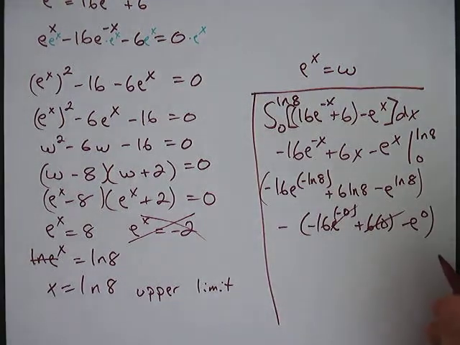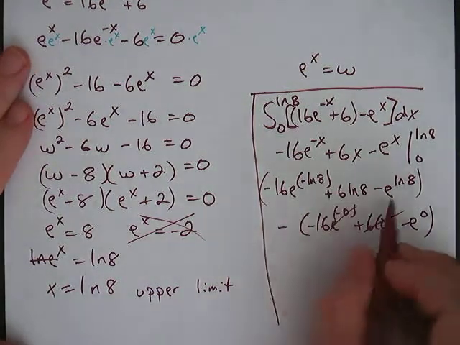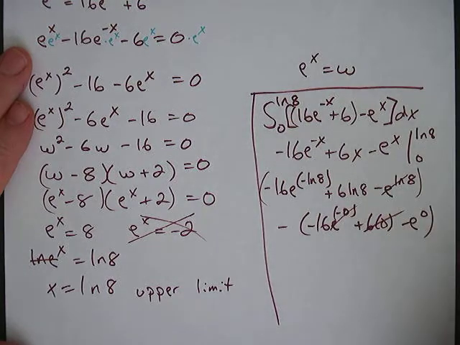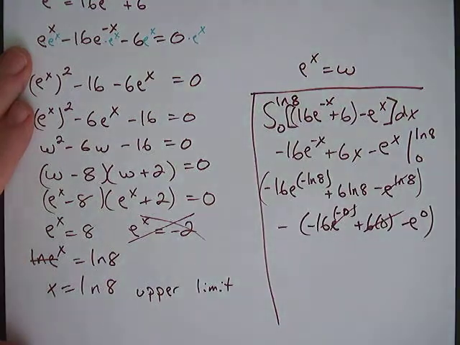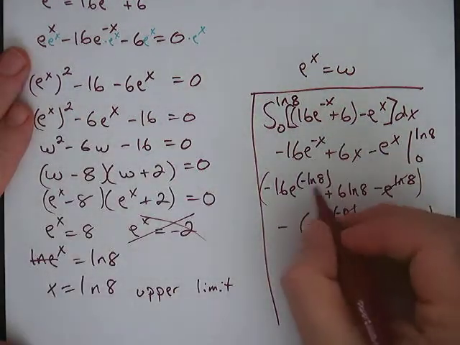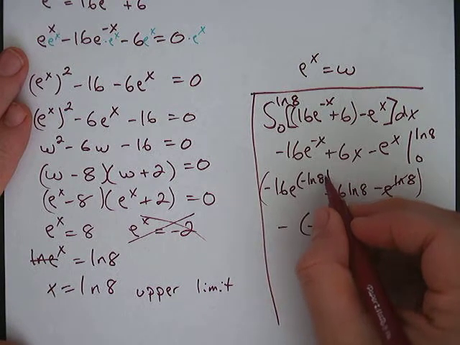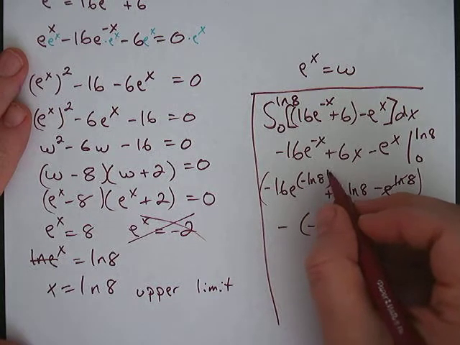So this second one is going to reduce pretty quickly. Now the first one's going to be a little bit more interesting to reduce. This e and ln will cancel, leaving an 8. So what do I do with this negative ln of 8? Well, we can take the negative and raise it to an exponent, so it would be ln of 8 to the negative 1 power.